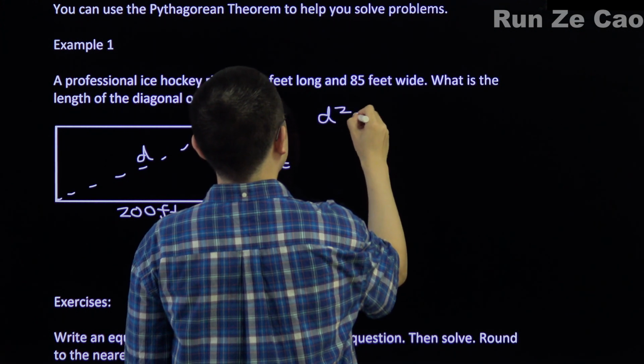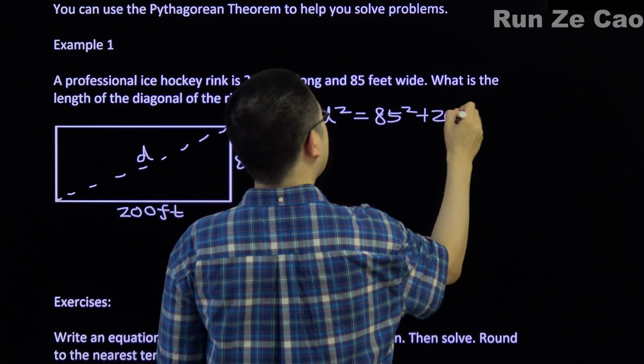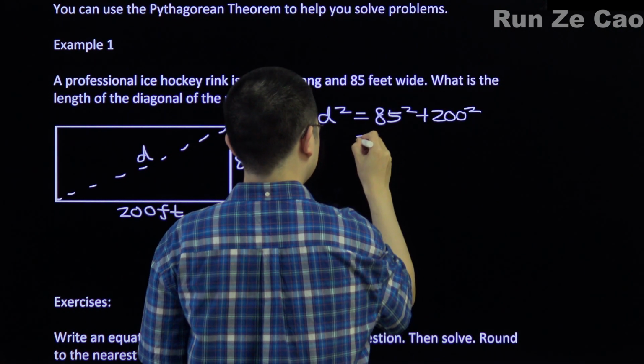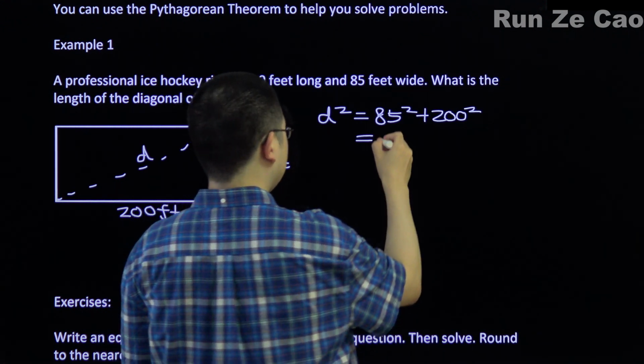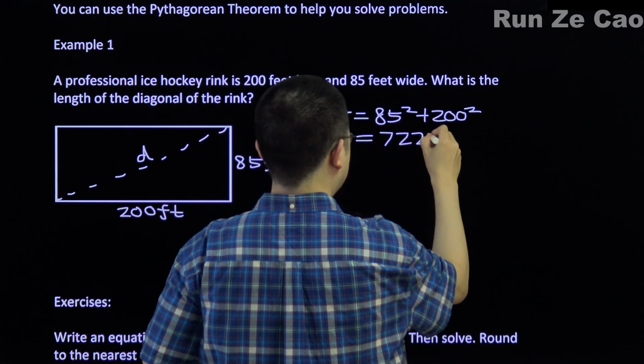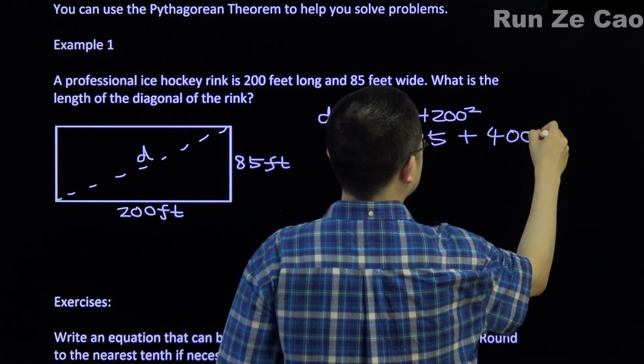D squared is equal to 85 squared plus 200 squared. So we're looking at 85 squared, 7225, plus 40000.